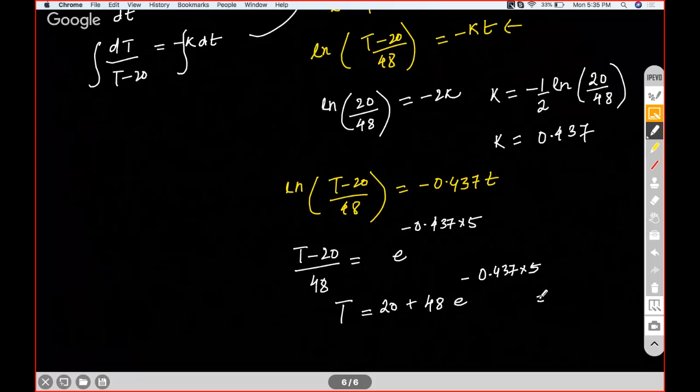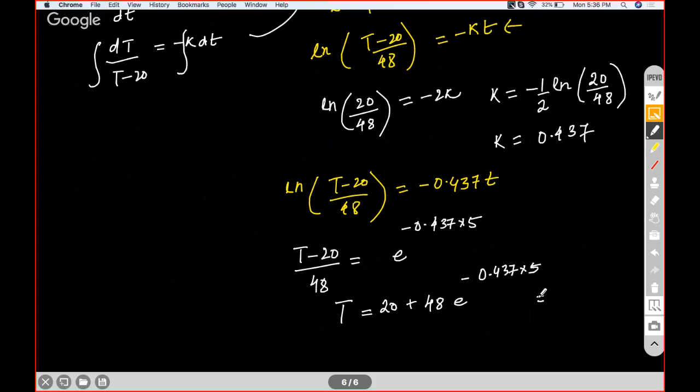What is the answer that it gives out? Is it 25.376?